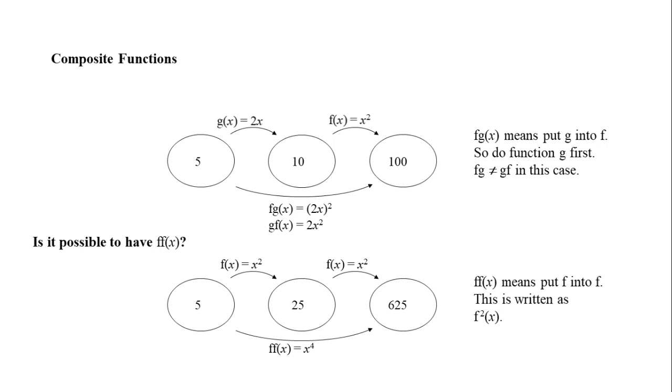This is also written as f squared of x, because basically f times f is equal to f squared. But it doesn't necessarily mean you multiply the two functions. Okay?